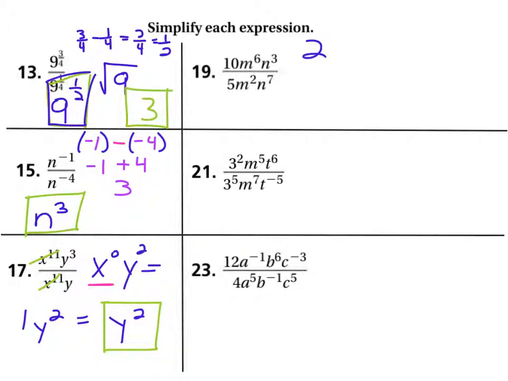M to the 6th over m squared. Remember, when you're dividing, you subtract the exponents. So we get m to the 6 minus 2, or 4, m to the 4th. And let's erase those marks. Let's deal with the n's now.